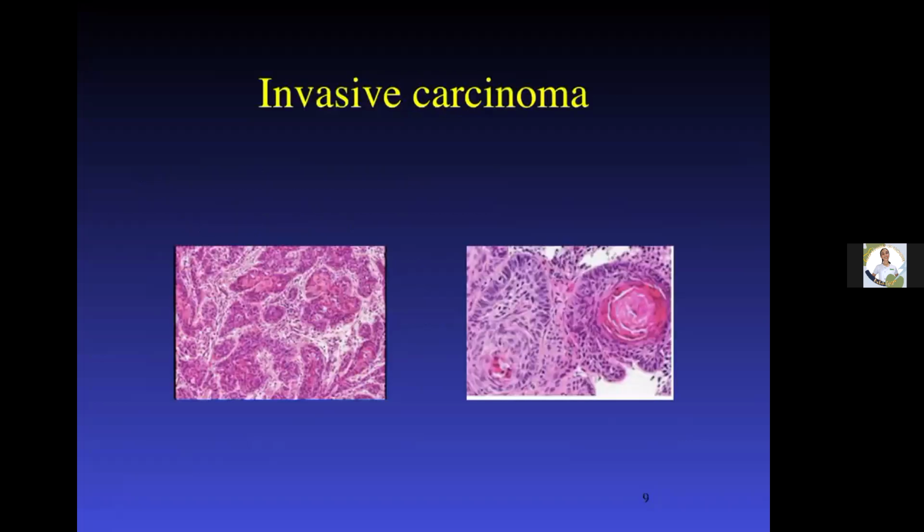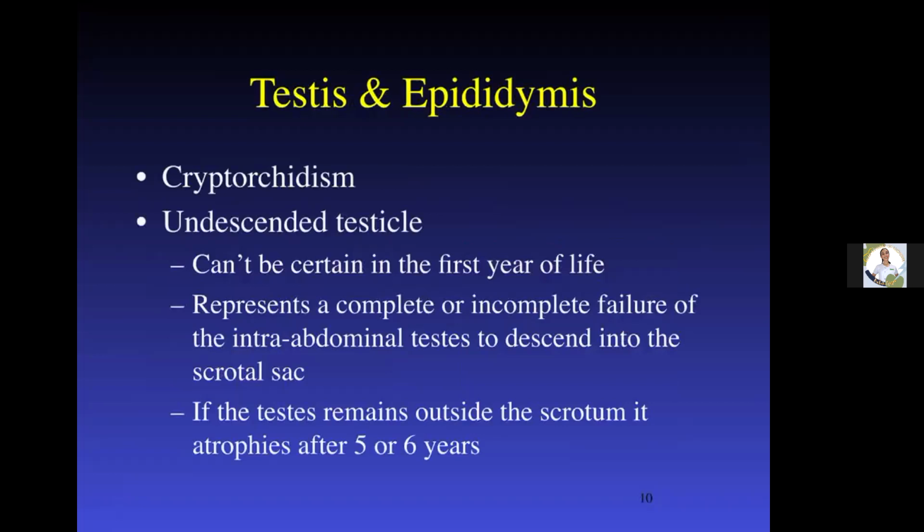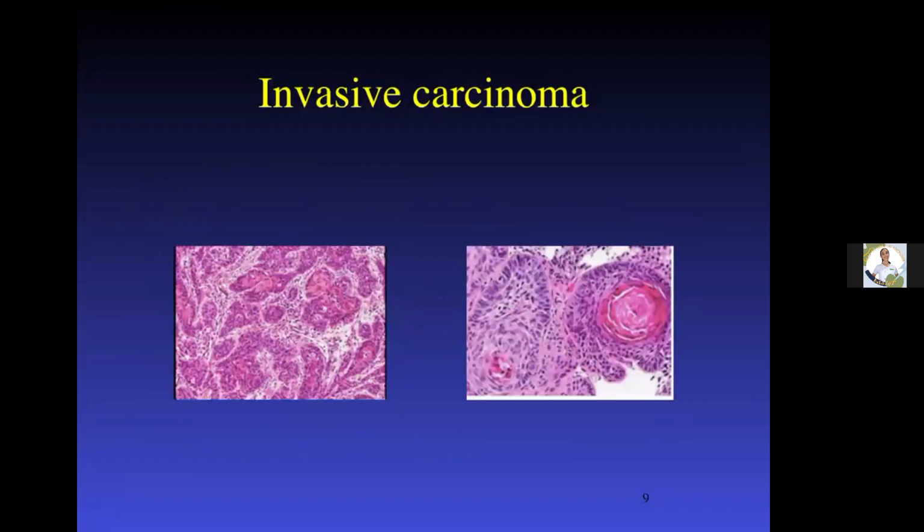So here is a picture of your invasive squamous cell carcinoma, wherein nests of tumor cells are seen infiltrating your underlying stroma. One of the pathognomonic features histologically of your squamous cell carcinoma is the presence of your keratin pearl formation.